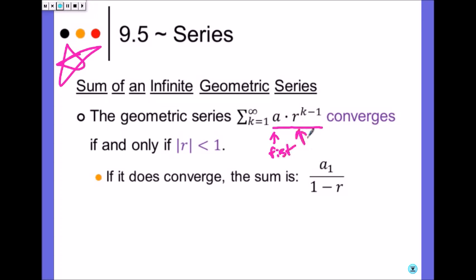This is the ratio, and you raise it by k minus 1, right? It converges if and only if the absolute value of the ratio is less than 1. Okay, let's go back and look at it. What was the ratio of the one that converged?